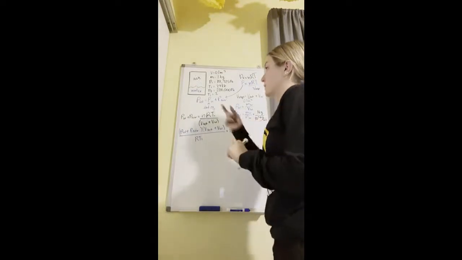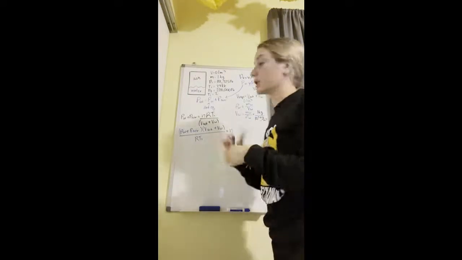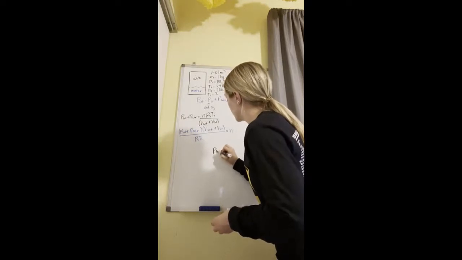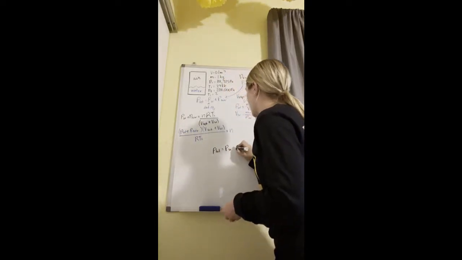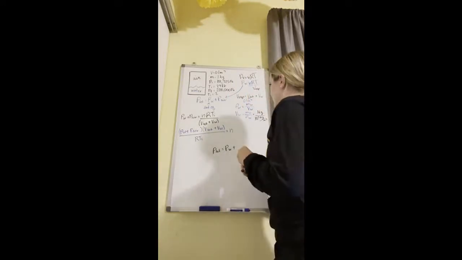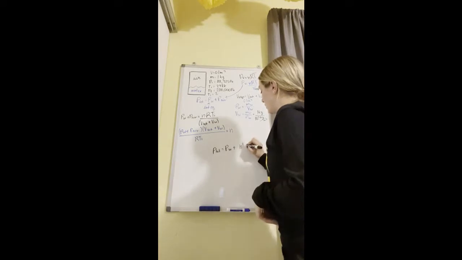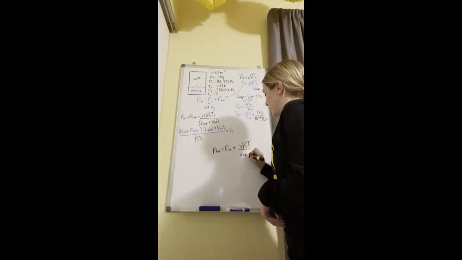So now we are going to go back to this equation and we are going to plug in the partial pressure of air. So we are going to have P total is equal to P water plus N R T i over V vapor.